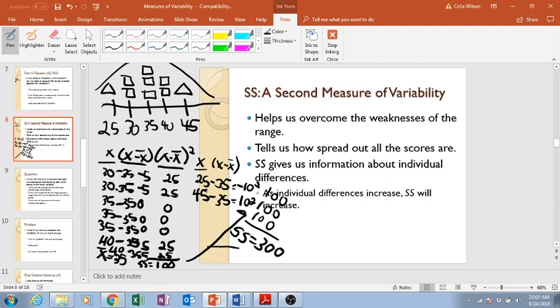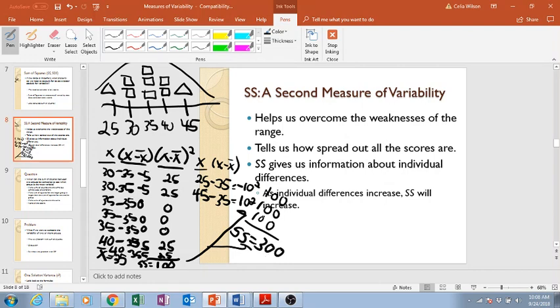It went from 100 to 300. So sum of squares doesn't range from one amount to another. It doesn't have a minimum and a maximum. But as your data becomes more spread out, sum of squares will increase. Okay?